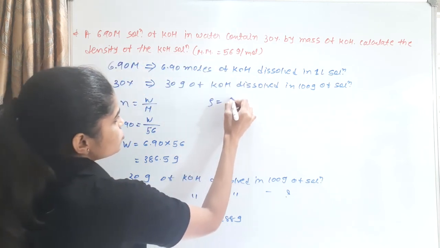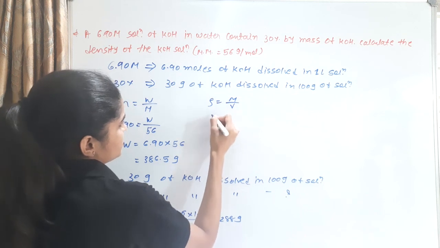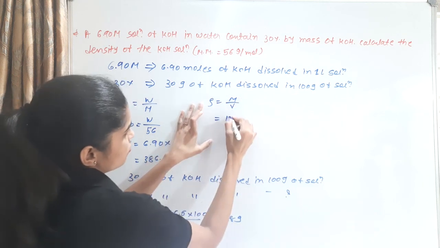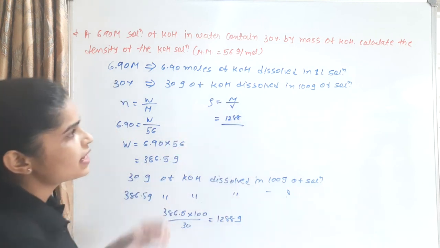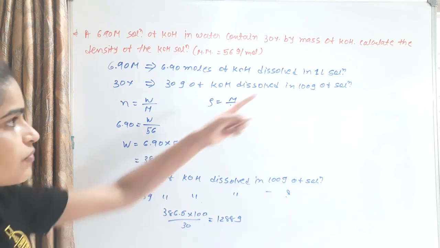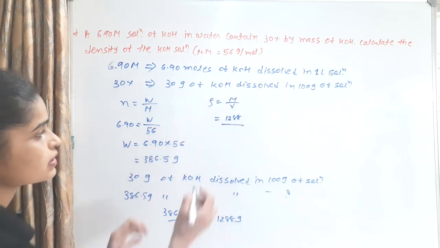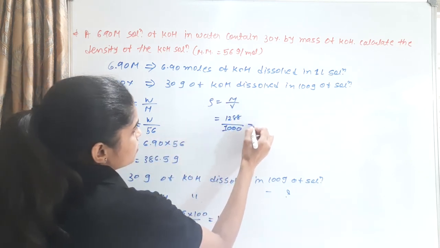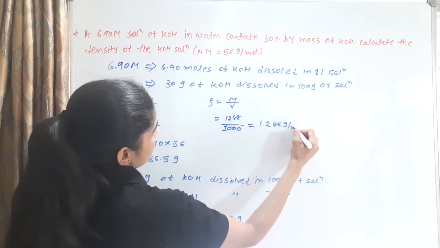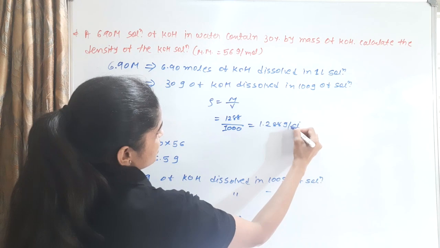The density is equal to M by V. So density find out. M value is 1288 divided by the volume of the solution. For the volume of the solution, this is the 1 liter of solution. That means 1000 ml. So its answer is 1.288 gram per ml, cubic centimeter.